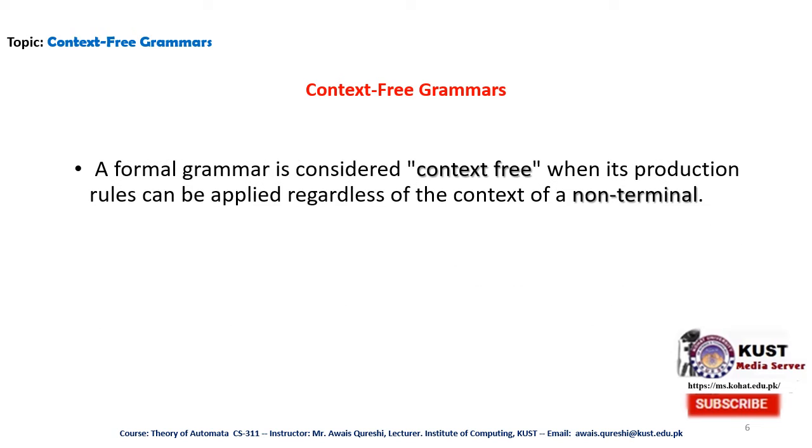A formal grammar is considered context-free when its production rules can be applied regardless of the context of a non-terminal. So why do we call it a context-free grammar? Because its production rules can be applied regardless of the context of the non-terminal.